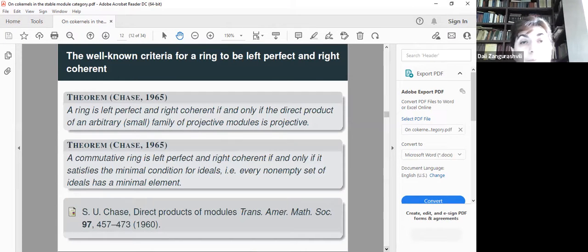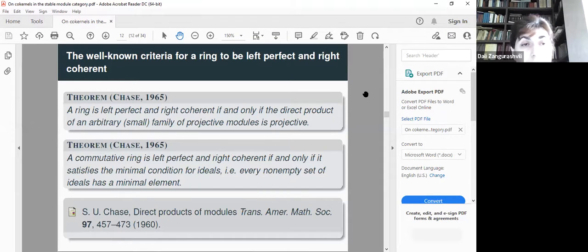Now, as I said, there are some criteria for a ring to be left perfect and right coherent. They were known already in the 60s of the past century. They are due to Chase. This is a classical result, well known, at least the first of them.